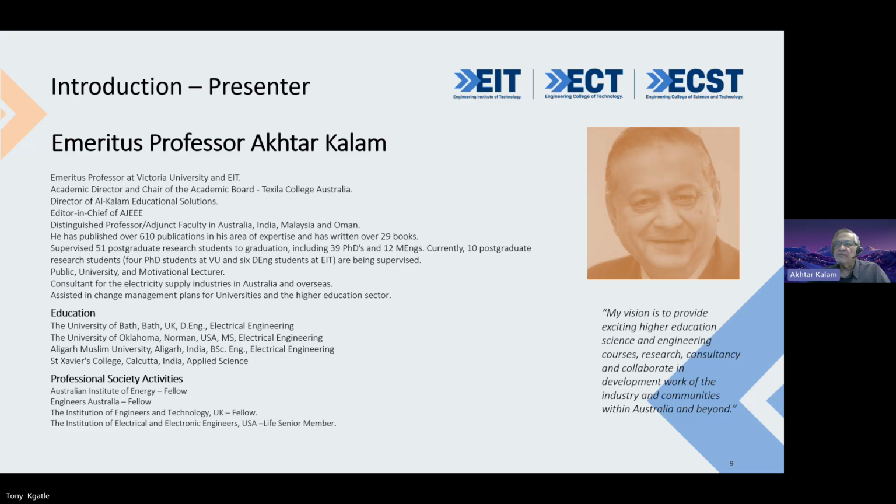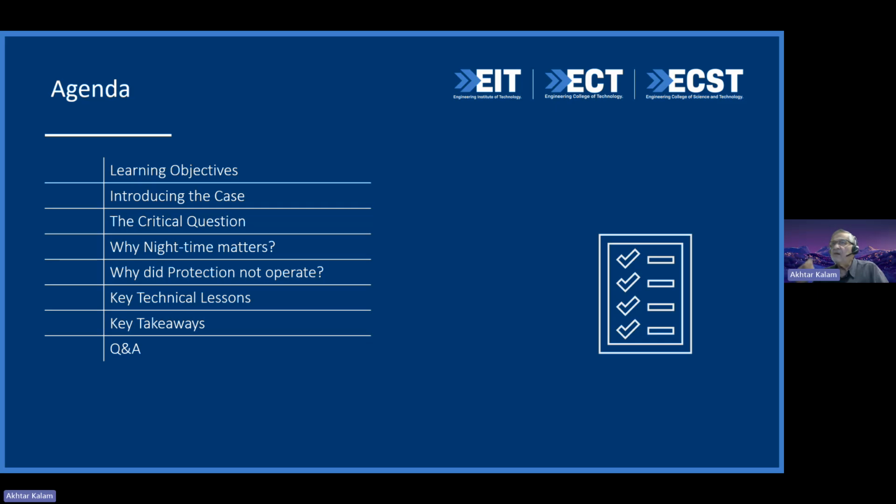Today, I want to tell you what my objectives are. I'm going to introduce the case. We'll talk about critical questions that you should be thinking about. What is so great about nighttime? Does Dracula come out?